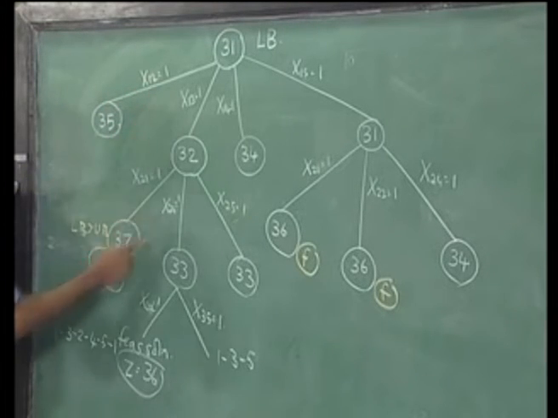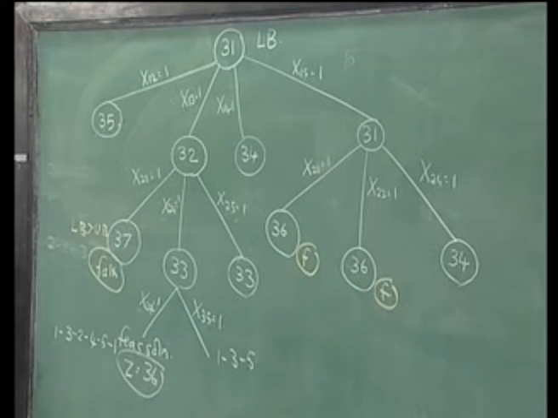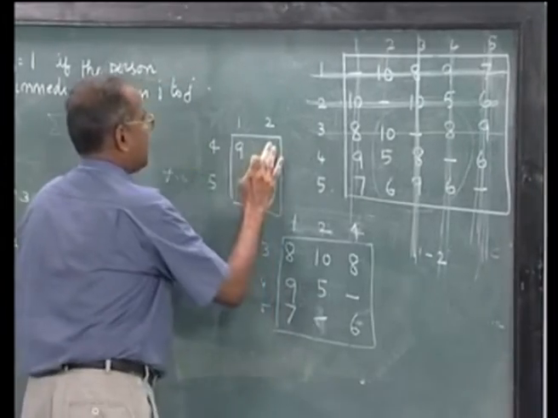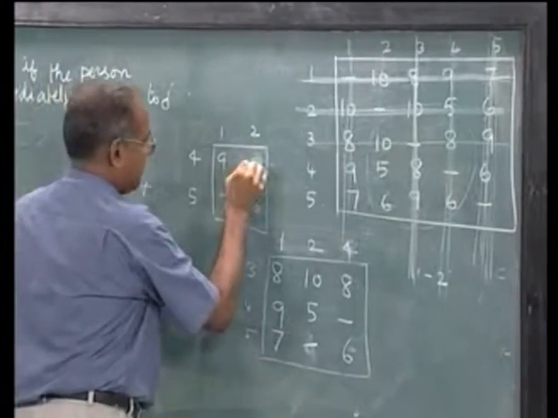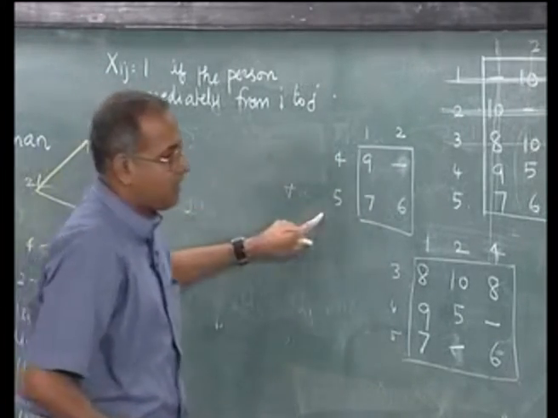1 to 3, 2 to 4, 3 to 5. So, 2 to 4 I will not have 4 to 2 should not be there. So, this is the only possibility: 4 to 1 and 5 to 2.